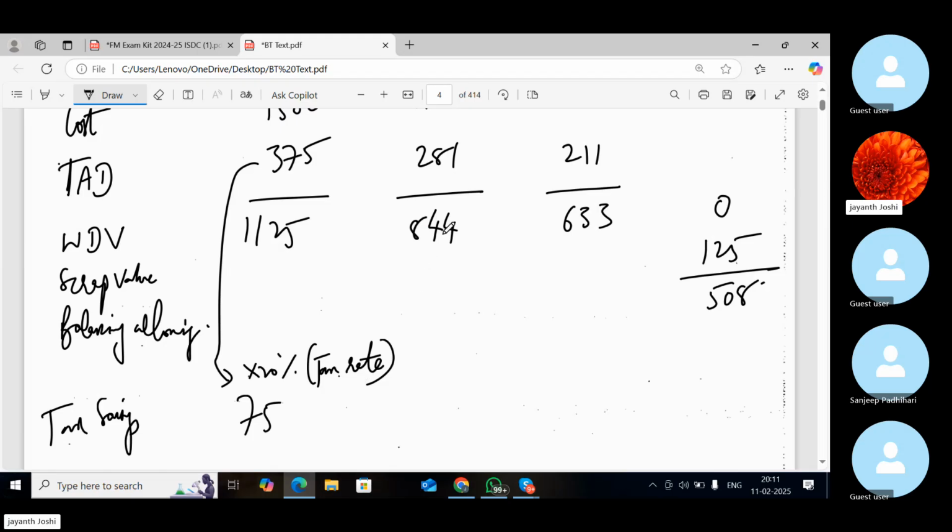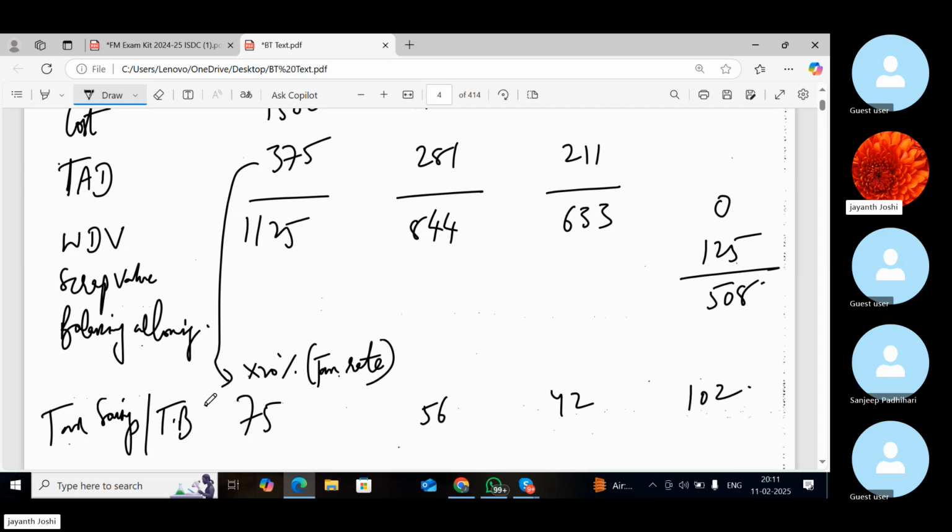The next one we do the same: 281 into the tax rate is 56. 211 into the tax rate is 42, and the balancing allowance of 508 into the tax rate is 101.6. I'll take 102. So we got the tax savings, or tax benefit.